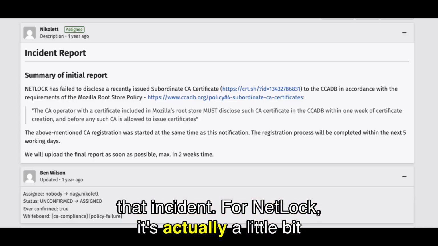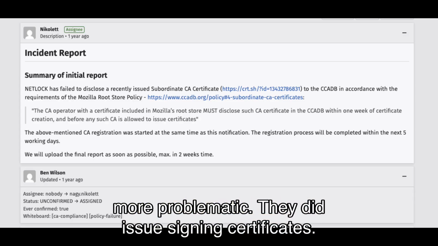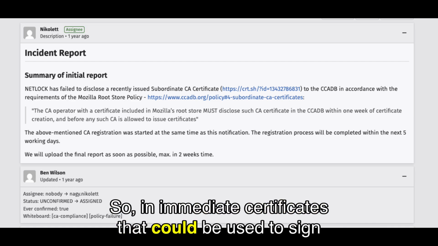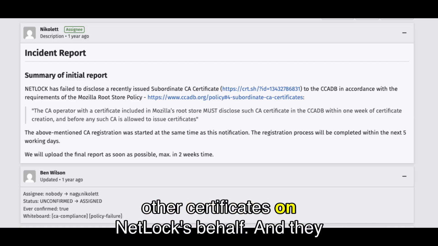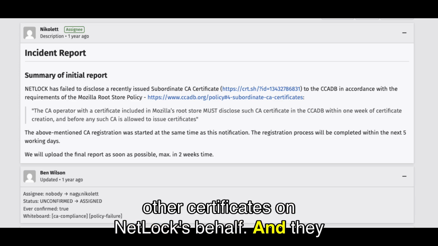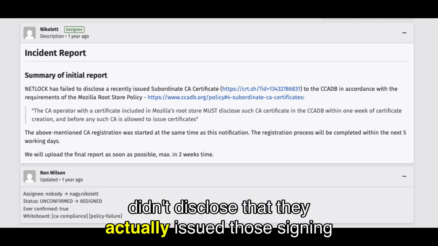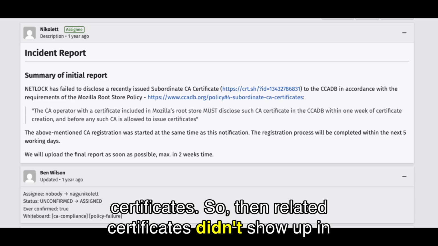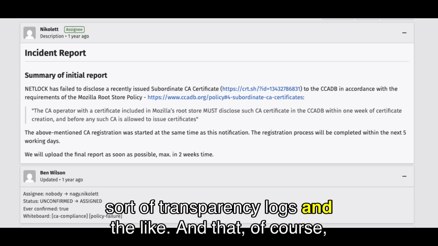For Netlock, it's actually a little bit more problematic. They did issue signing certificates, so intermediate certificates that could be used to sign other certificates on Netlock's behalf, and they didn't disclose that they actually issued those signing certificates. So then related certificates didn't show up in transparency logs and the like.